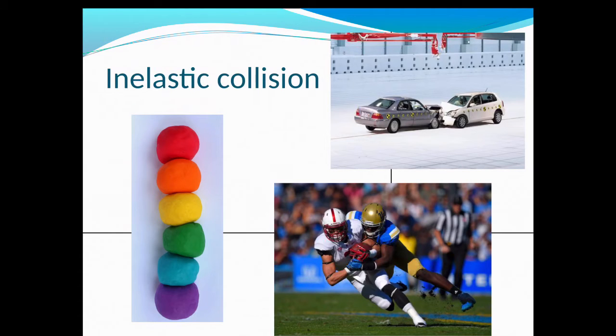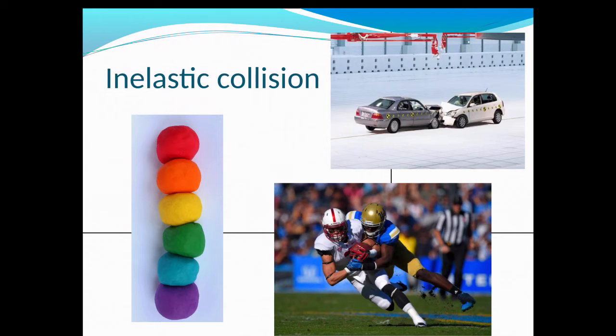An inelastic collision is obviously not elastic. So this is where the kinetic energy does not get transferred. It's lost. And so motion stops, right? So if two cars crash, motion stops. Well, where did that energy go? It turns into other types of energy, like sound, like deformation of metal, fire maybe, right?